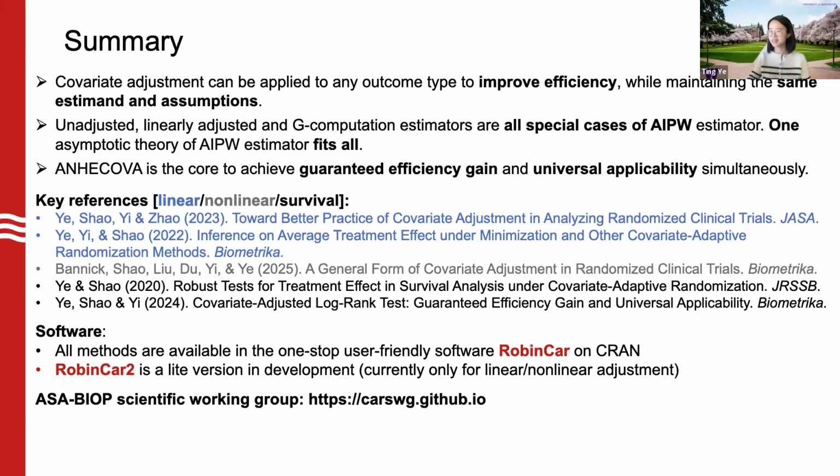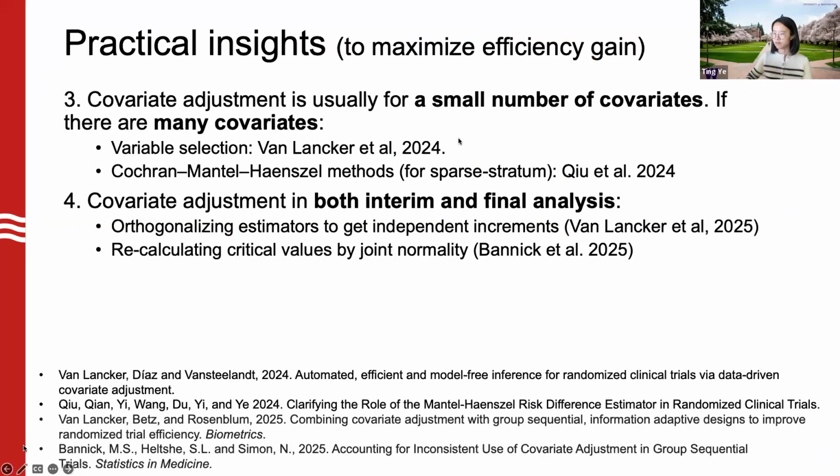Yeah, that's a good question. One thing is different estimands, especially in survival data analysis. There are a lot of other estimands of interest, and it will be of interest to study how to do covariate adjustment for them. The second is how best to do variable selection with covariate adjustment in clinical trials if we have a large number of covariates.